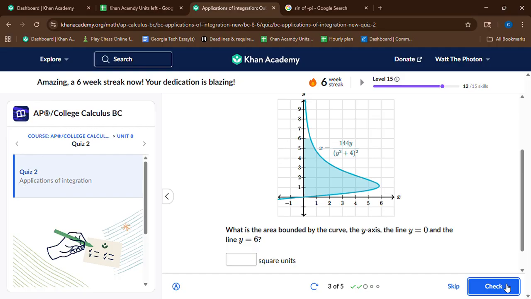So negative 72 over y squared plus 4 from 6 to 0. 0 results in negative 72 over 4, so negative 18. 6 results in 36 plus 4, negative 72 over 40.